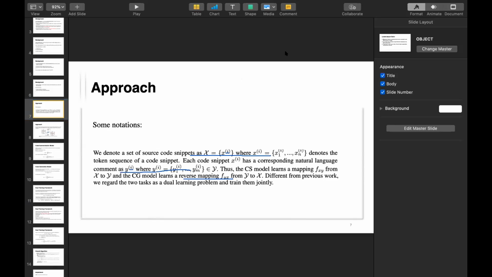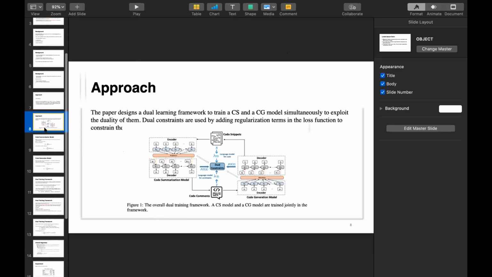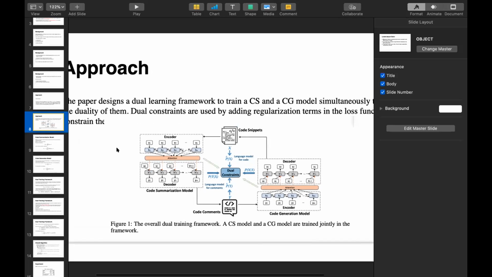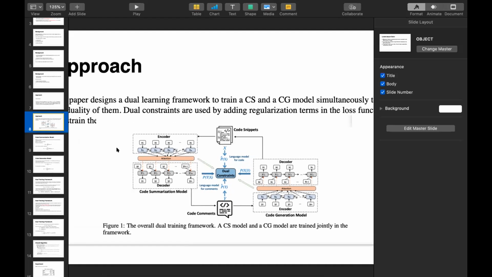Okay. This paper designs a dual learning framework to train the CS and CG models simultaneously to exploit their duality. Here is the overall framework for training the code summarization model and code generation model at the same time. I will use this graph to illustrate the overall framework, and later go into details of each component.